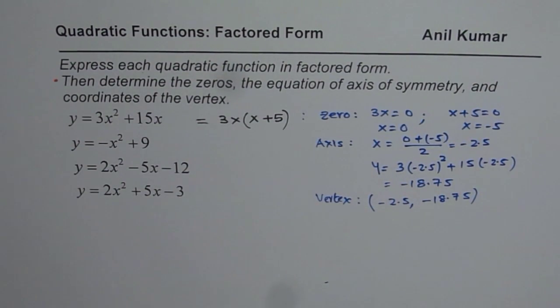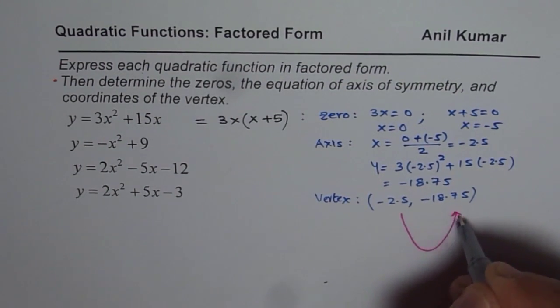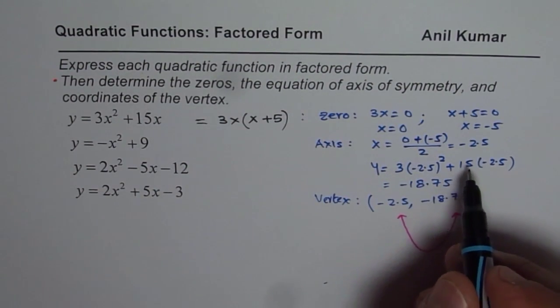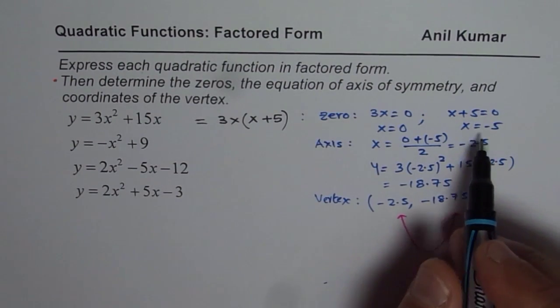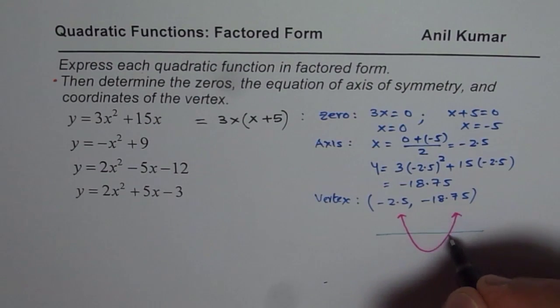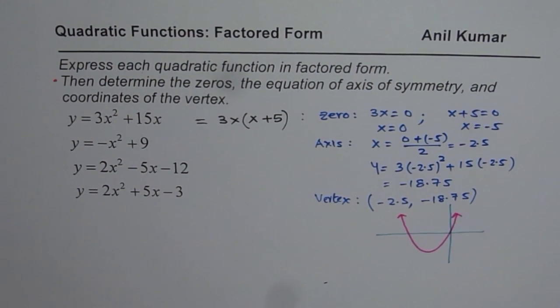Some of you can also sketch the parabola. This particular parabola, as you see, is the one which opens upwards, so I could always sketch it kind of like this. We know the zeros are at 0 and minus 5, so those are the zeros. Let me sketch the x-axis here, the y-axis will be here, so that gives me two zeros.